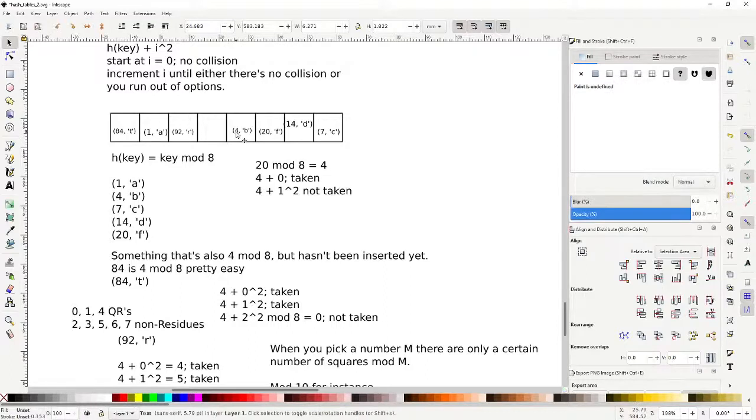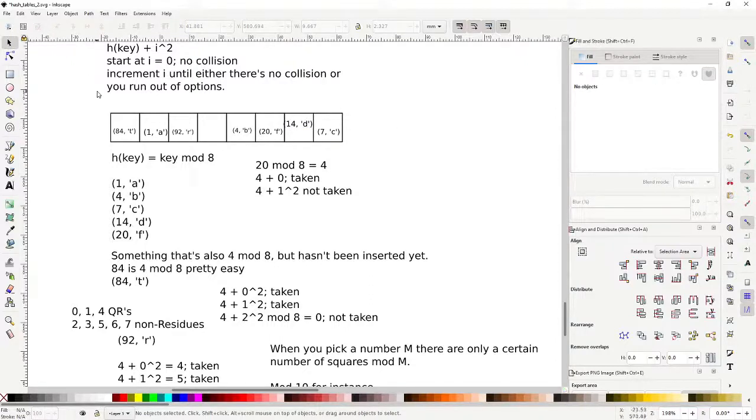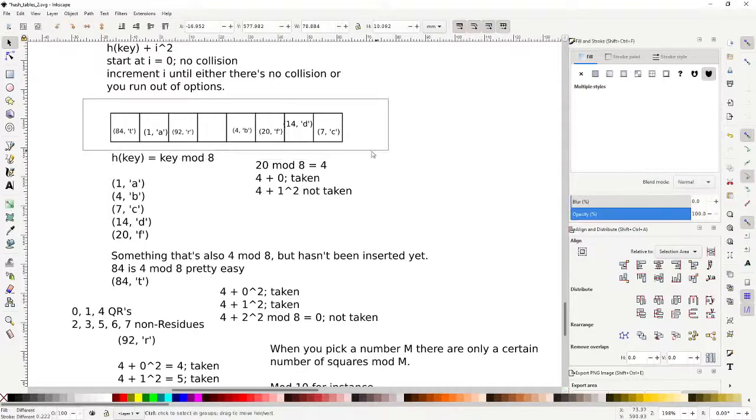So if I ask to search for 92, I know 92 is 4 mod 8, so I look in slot 4. It isn't that, so I keep going. Here I get to 20. 20 also is 4 mod 8, but it's not the right key. So keep going. And now here's the real tricky part, right? Let's actually write this down.